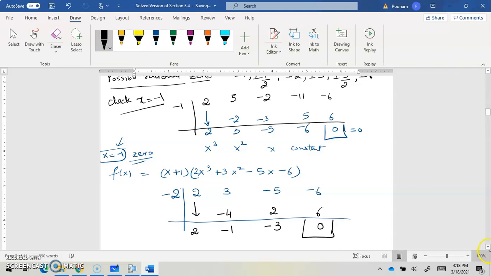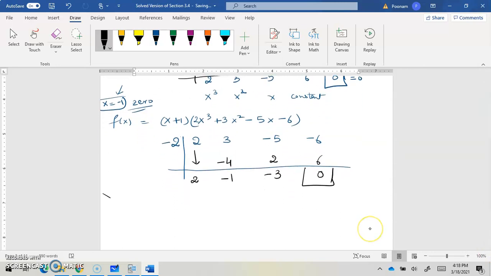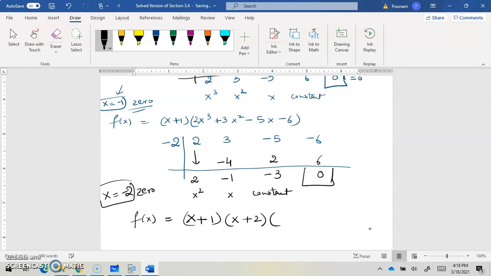It is coming 0. So we are going to say x equal to negative 2 is also a zero, and this is my quotient. This is going to be of degree 2 now, that is quadratic. So f of x can be written as one factor is x plus 1, other factor is x plus 2 times the remaining quotient, which is this.